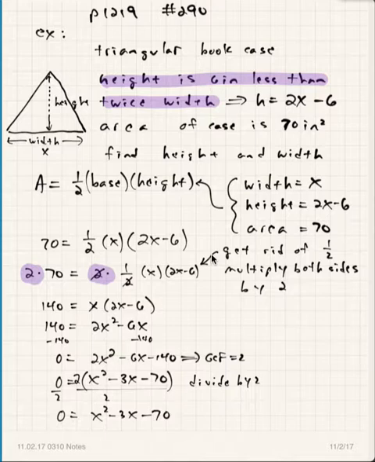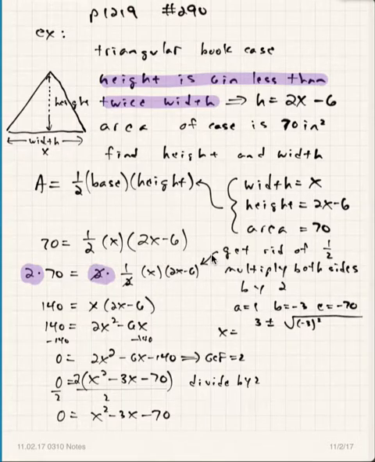Now, this quadratic is factorable, because you can use 10 and 7 to do that. I'm going to use the quadratic formula just to practice it one more time. So you would not have to use the quadratic formula here, but I'm going to use it just to practice it. So you have a is 1, b is -3, and c is -70. So when you substitute, you get x equals the opposite of b, which would be 3, plus or minus the square root of b squared, so this is -3 squared, minus 4 times a times c, all divided by 2 times 1.